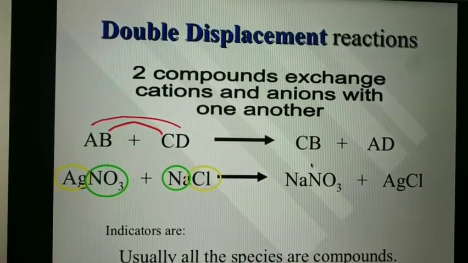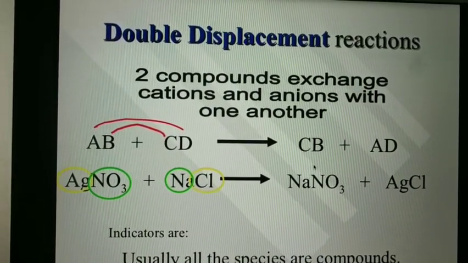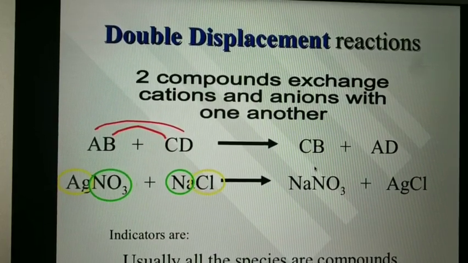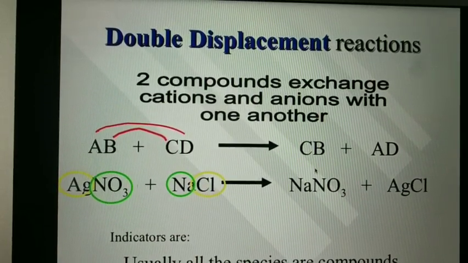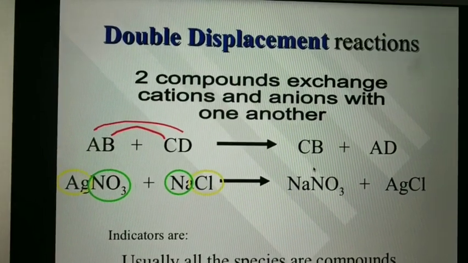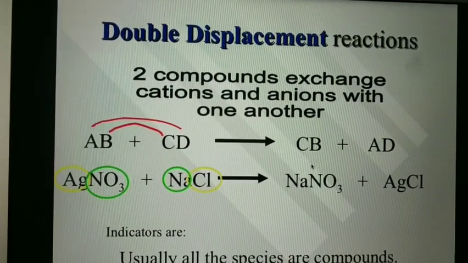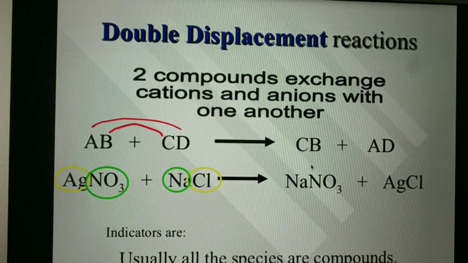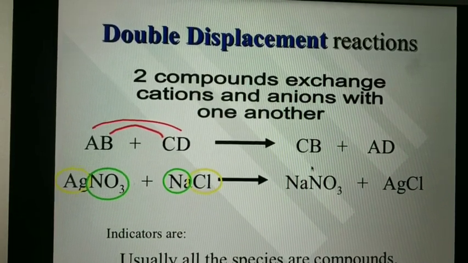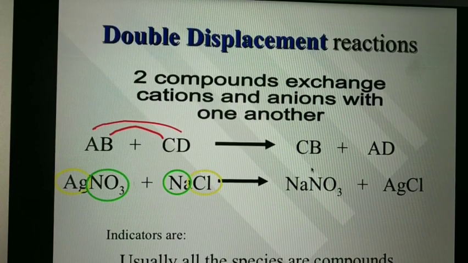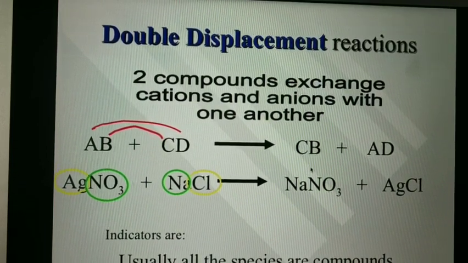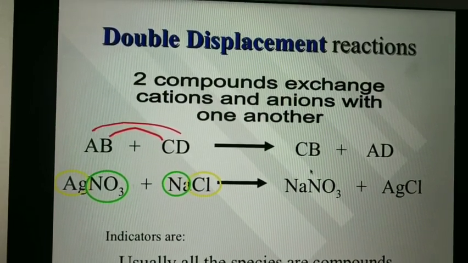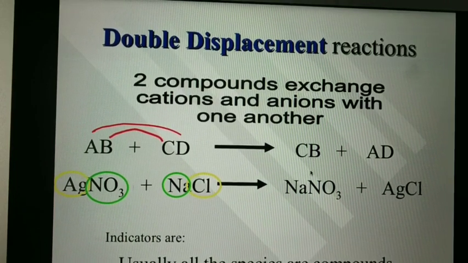One activity is given in the book to show that a more reactive metal can displace a less reactive one, but the reverse is not possible. Okay, so the procedure, you see, you have to take 5 ml of dilute copper sulfate solution in a test tube and note its color. It is blue in color. You know that copper sulfate solution is blue in color. Then place a thin plate or rod of zinc metal in the solution.